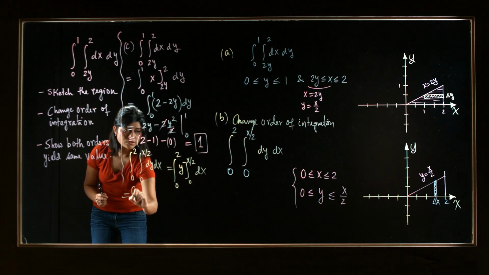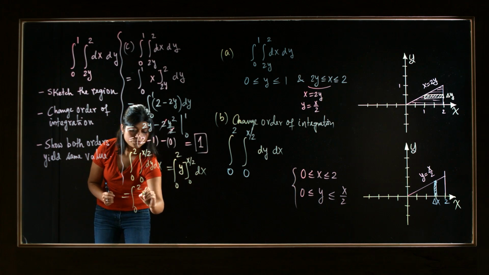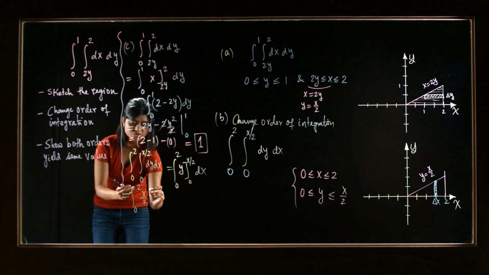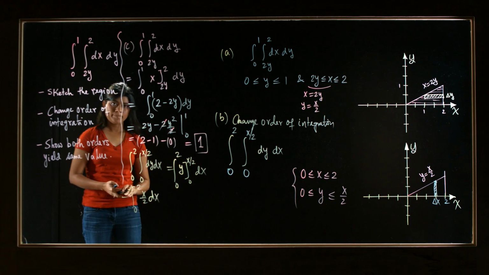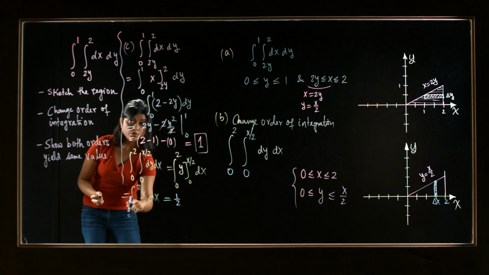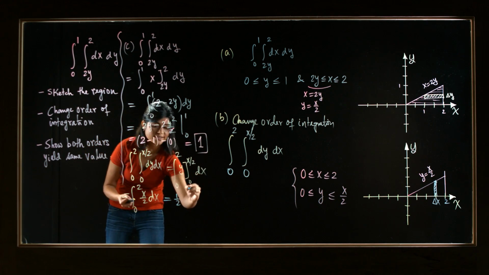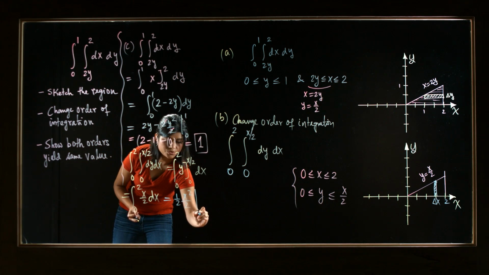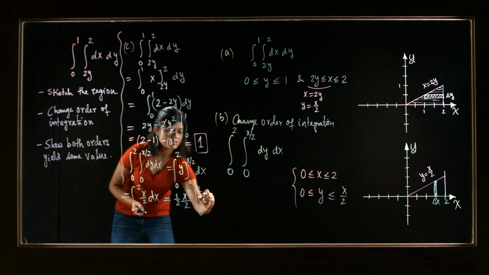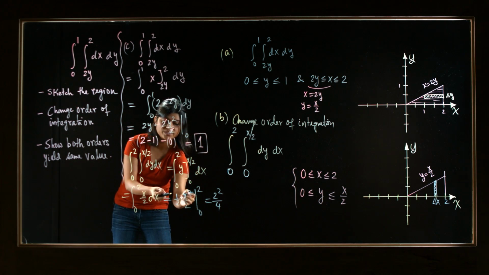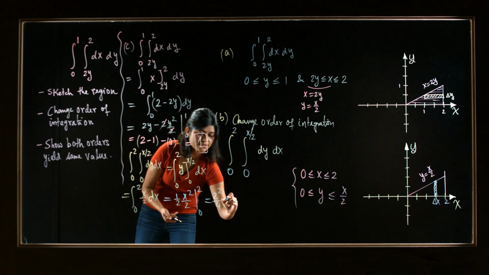Now plug in x over 2 minus 0, which is just x over 2. And then 1/2 is a constant, pull it out. Integral of x is x squared over 2, and then you evaluate that between 0 and 2, so you get 2 squared over 2, times 1/2, which is 2 times 1/2, and minus 0 because x equals 0 gives 0. This is just 1 again.